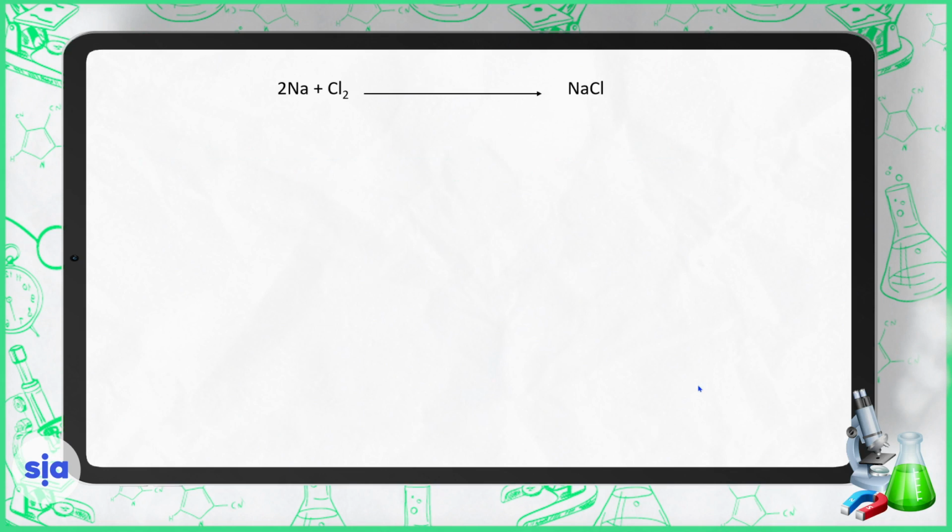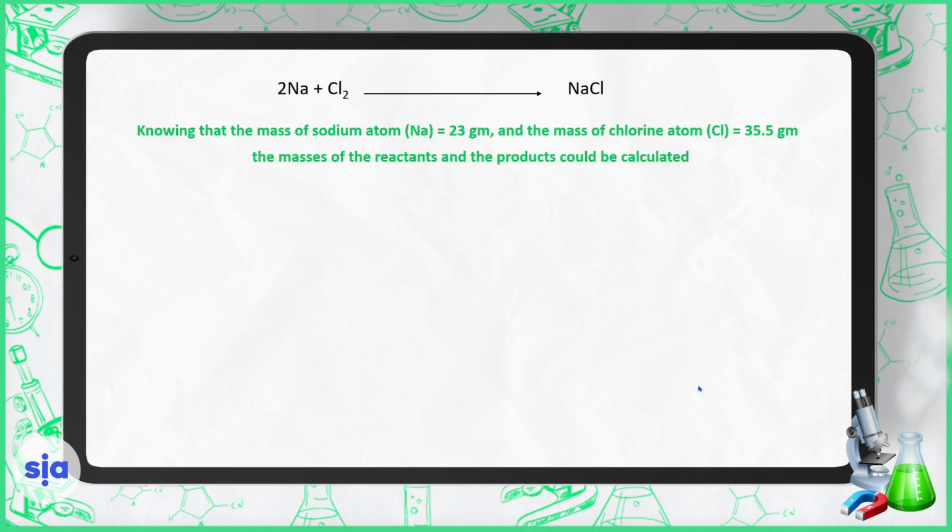2 sodium atoms plus a molecule of chlorine, Cl2, will give sodium chloride. Knowing that the mass of sodium atom is 23 grams and the mass of chlorine atom is 35.5 grams, the masses of the reactants and the products can be calculated as well.